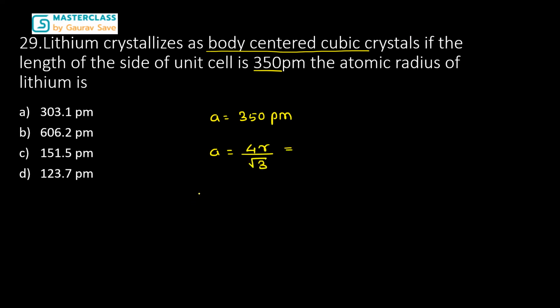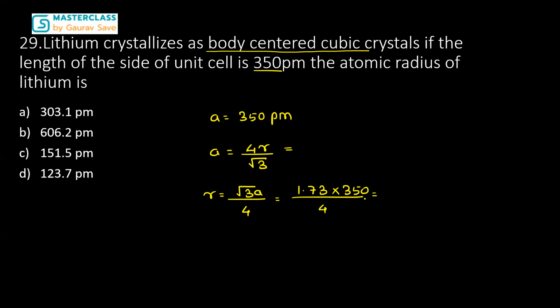Now they are asking us the radius of lithium atom. So it will become root 3a upon 4. So let's see, 1.73 into 350 upon 4.